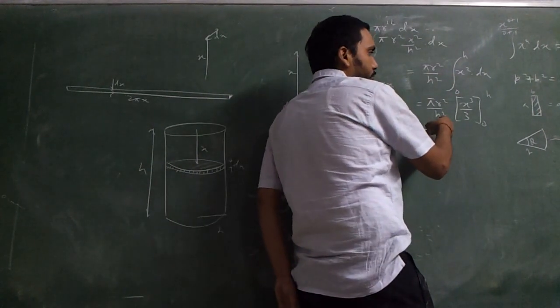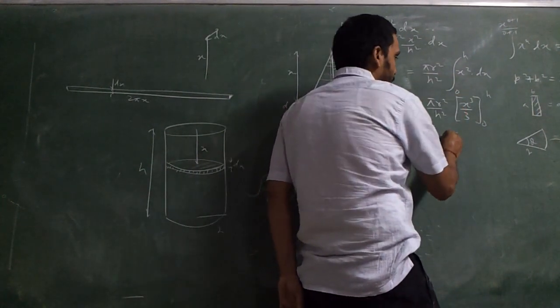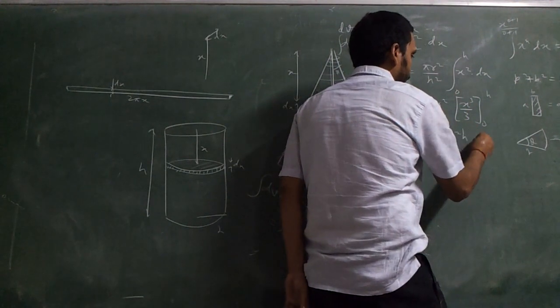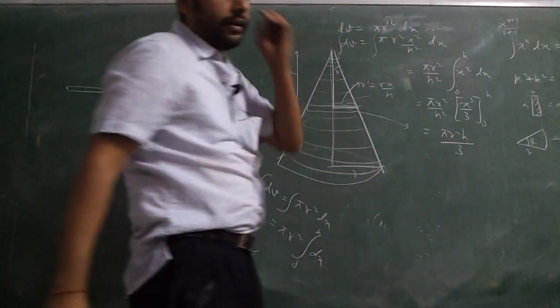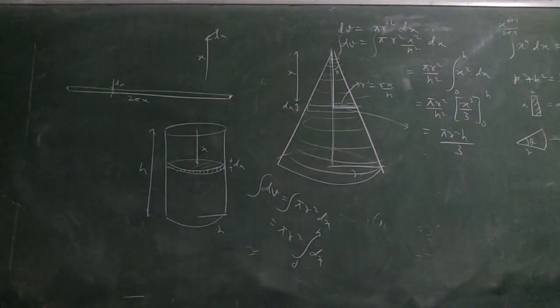H square gets cancelled with h cube. Any doubt? So what we are seeing is nothing is a formula. Everything can be derived.